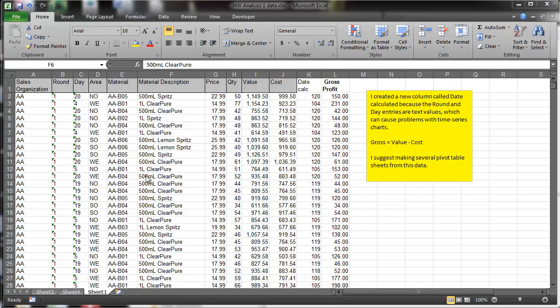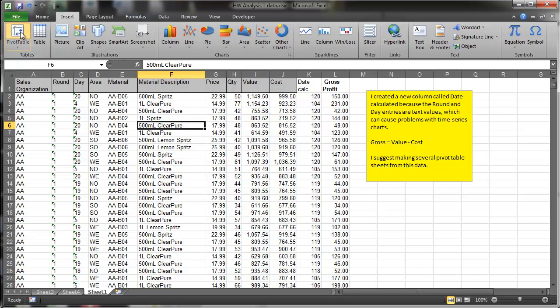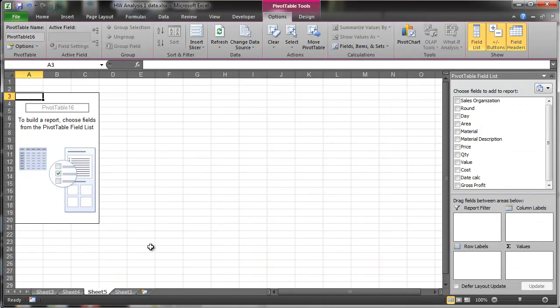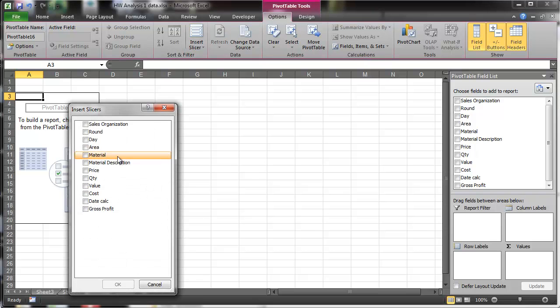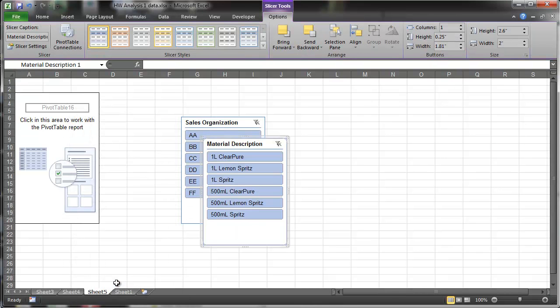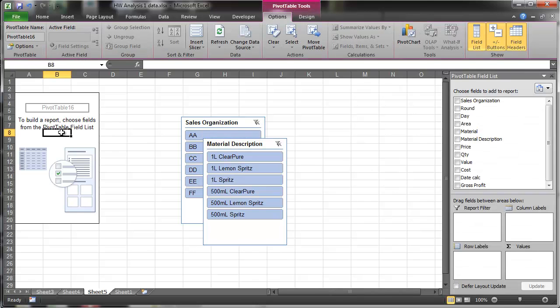And in this case, let's insert another pivot table. In this case, I'm interested in the sales over time for a certain sales organization. So I'll insert a slicer for the organization and the material. So I think I asked you to do it for a specific material. And then I'm interested in that over time.